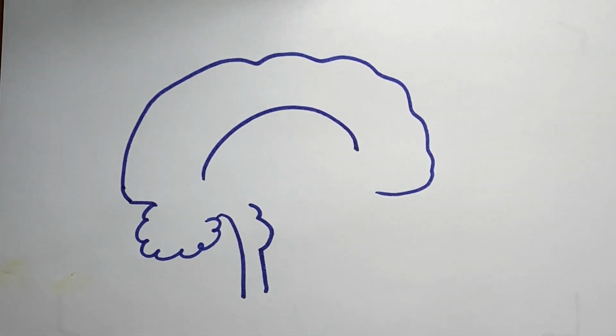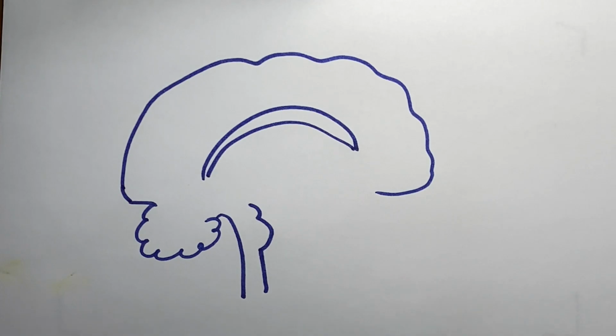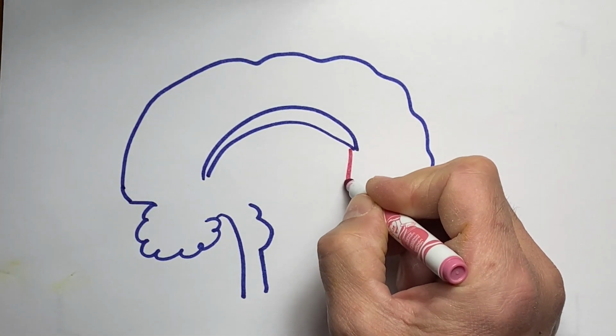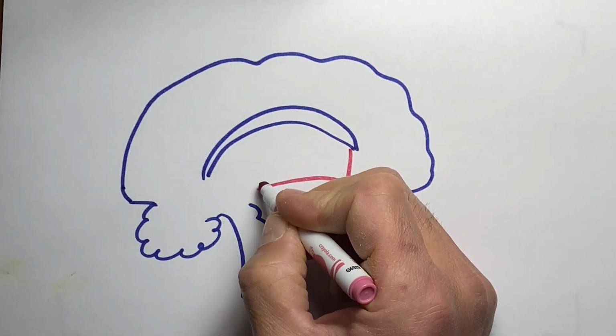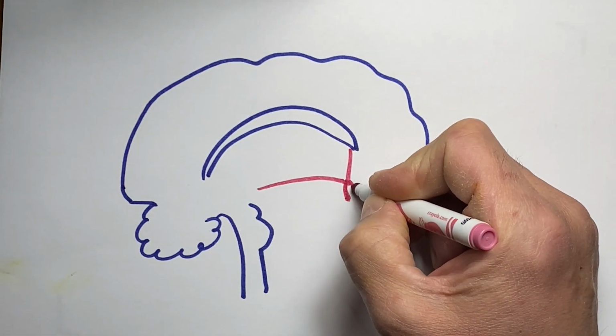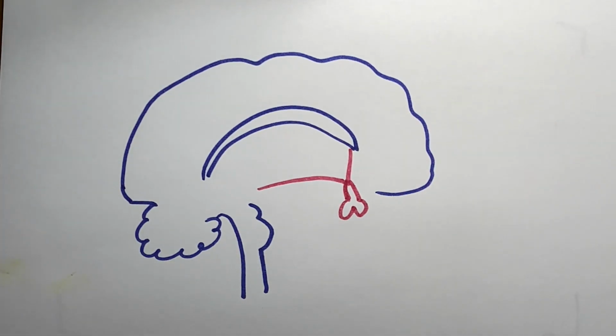This is a structure you do not need to know. In the front, there is a border, and then you have the hypothalamus, usually drawn something like this. And then hanging from the hypothalamus, you have the pituitary gland.